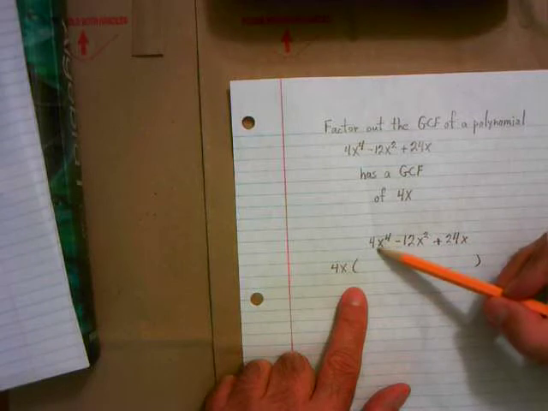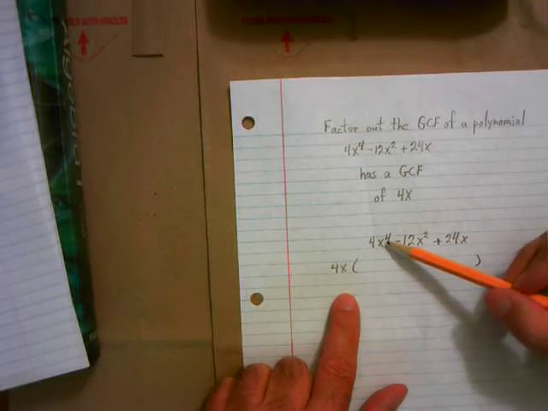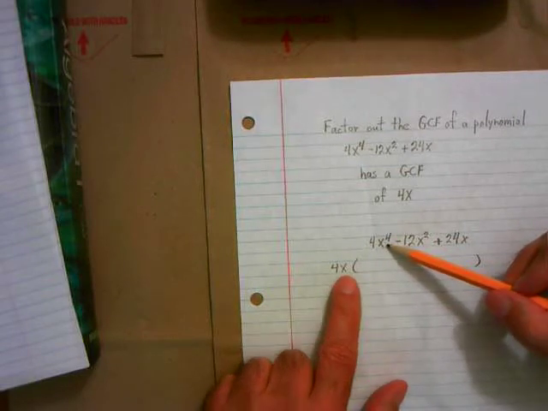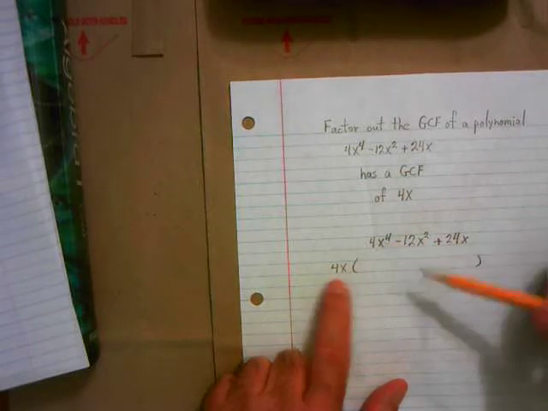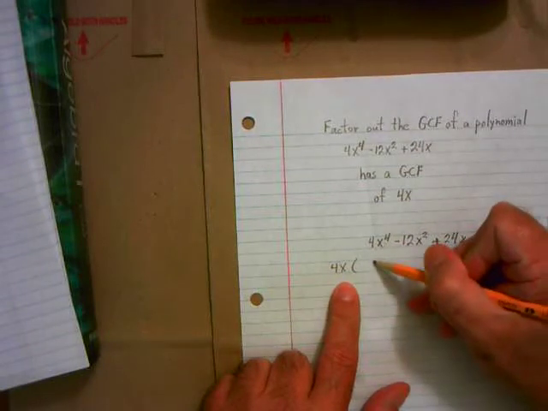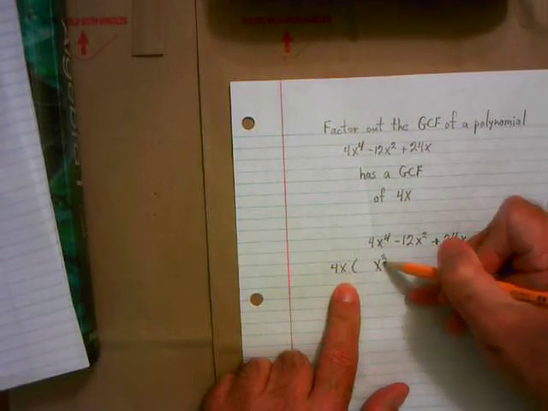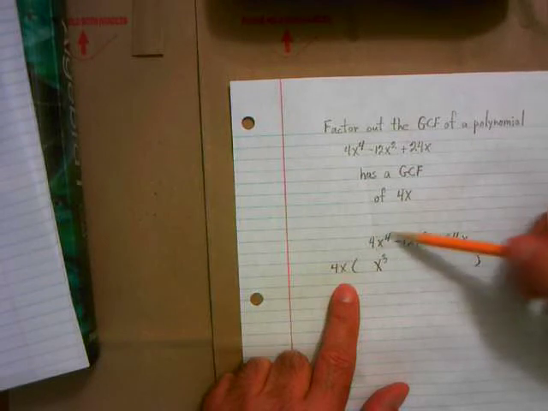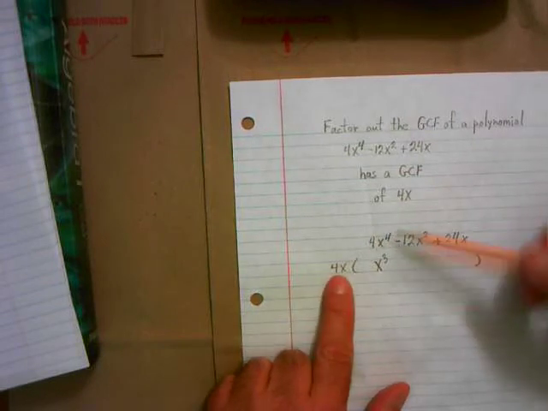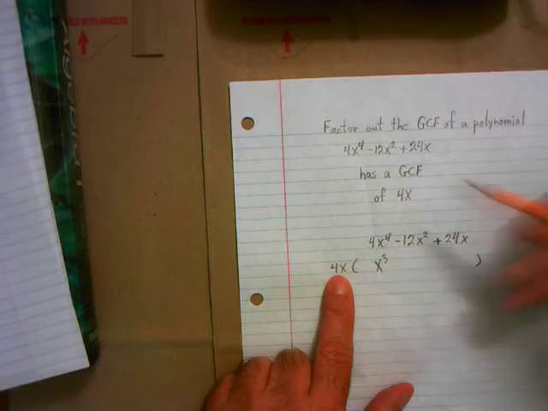We'll move on to the x to the fourth. X to the fourth, but we're going to divide out x to the 1. So x to the fourth divided by x to the 1 will give us x to the third. So this first term, once we divide out the 4x, is x to the third.